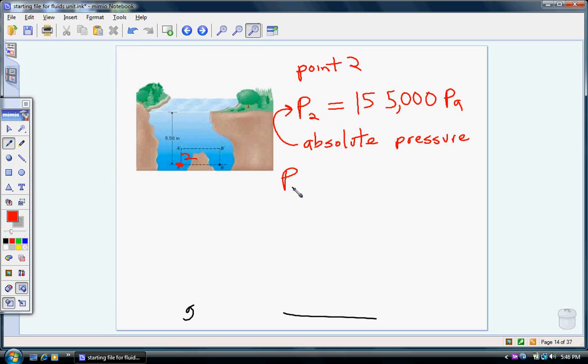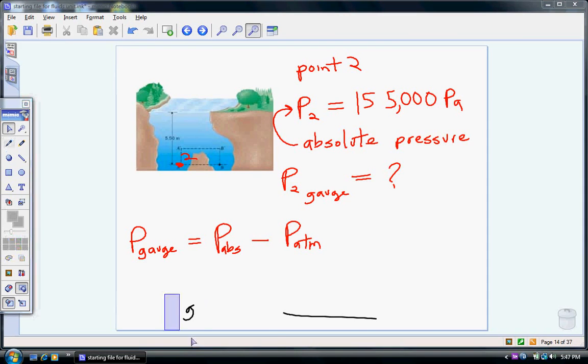What is the gauge pressure at that lower point? Well, gauge pressure equals the absolute pressure minus whatever the atmospheric pressure is.